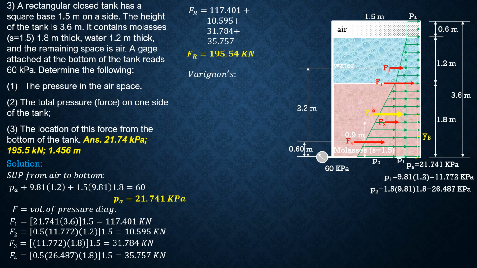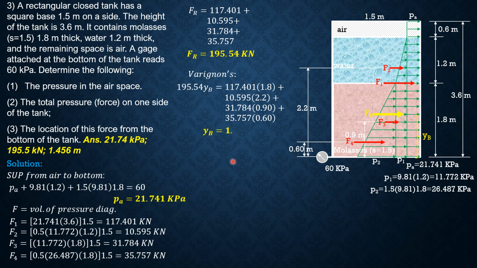So the moment of the resultant, which is FR times Yb, 195.54 times Yb, is equal to F1, 117.401 times 2.2, 1.8 F1 plus F2, which is 10.595 times 2.2, plus F3, 31.784 times 0.9, then plus F4, 35.757 times 0.6.